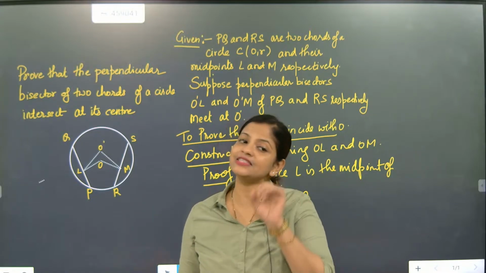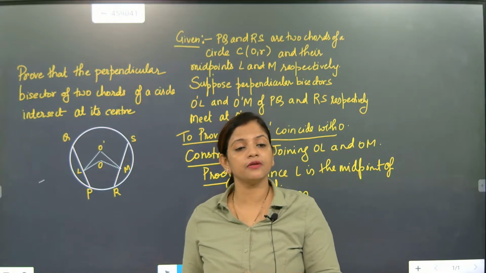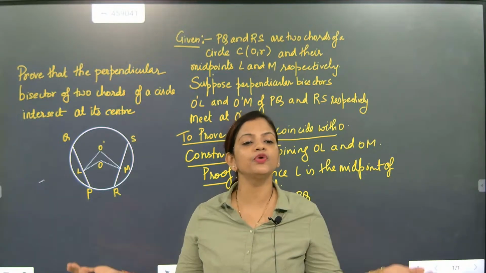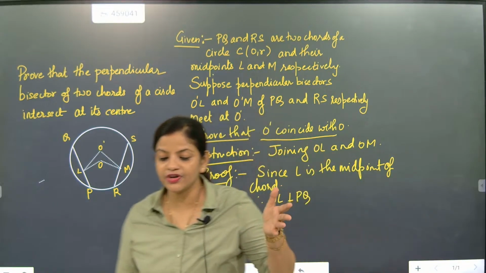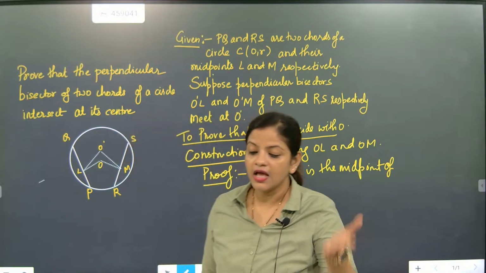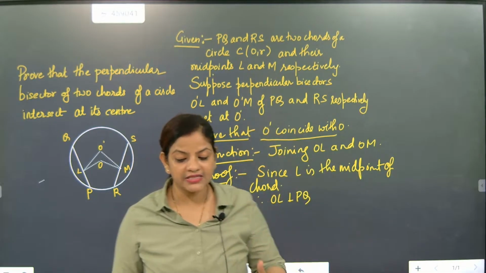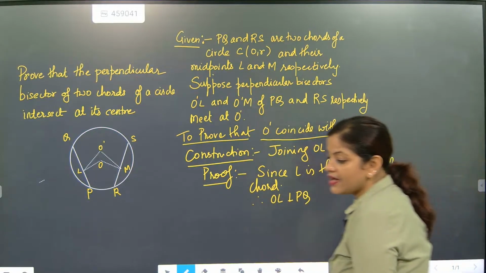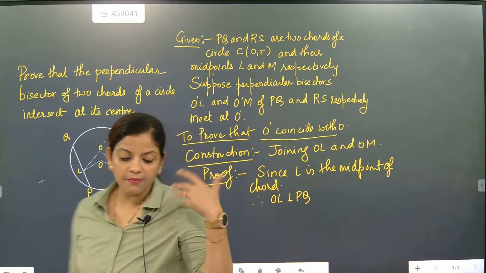Perpendicular bisector means it will be drawn perpendicular, at 90 degrees, and it will also divide the side into two equal halves. That's the basic difference between perpendicular and perpendicular bisector.